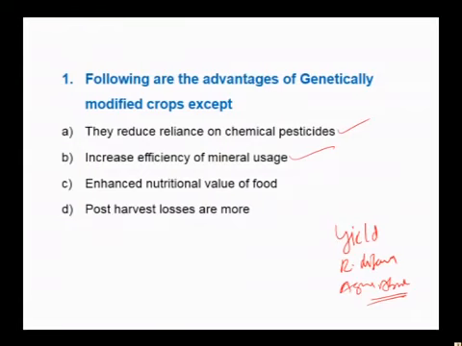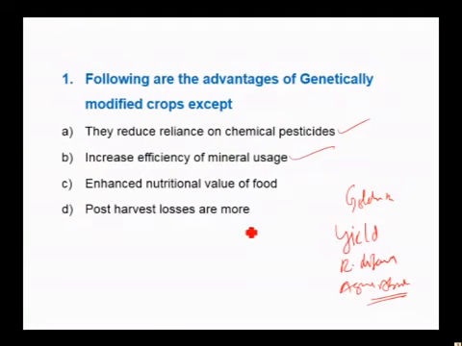Enhanced nutritional value of the food. For example, we can develop transgenic plants for enhanced nutritional value. One such example is golden rice, which includes the genes that produce beta carotene that in turn is converted to vitamin A. Hence, all these three are the characters for which we produce genetically modified crops.